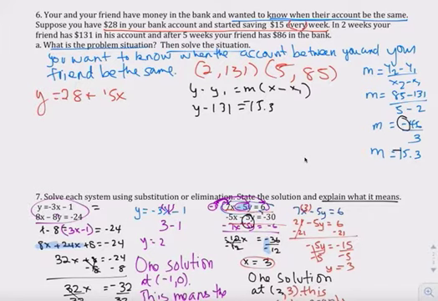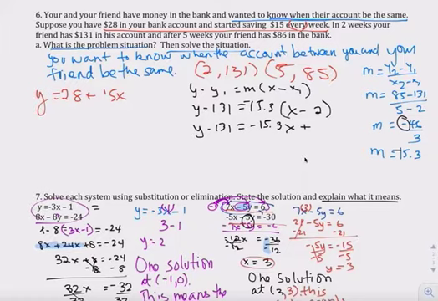Don't forget that negative. x minus 2. y minus 131 equals negative 15.3x plus, okay, so 15.3 times 2.